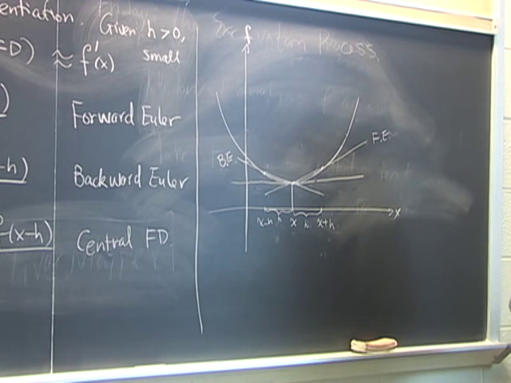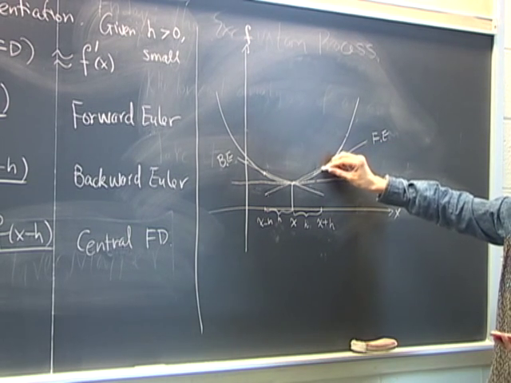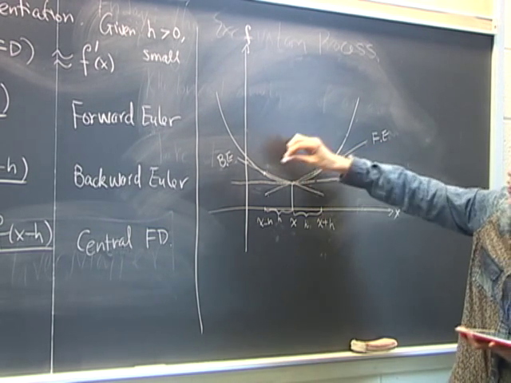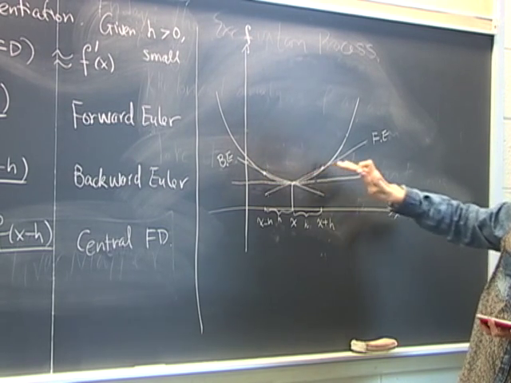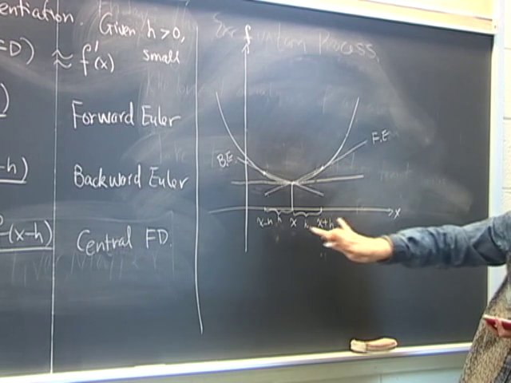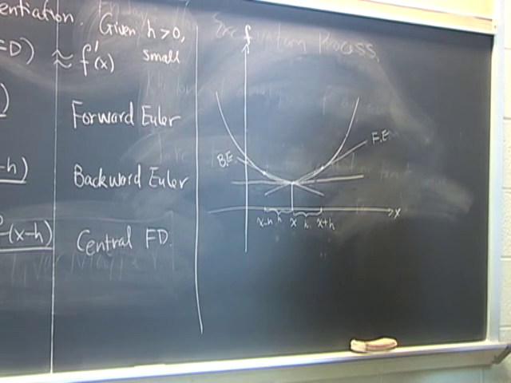So let's take a look at the central finite difference. What does it do? It takes this point, x plus h, and takes that point, x minus h, the y distance between them divided by the x distance again.